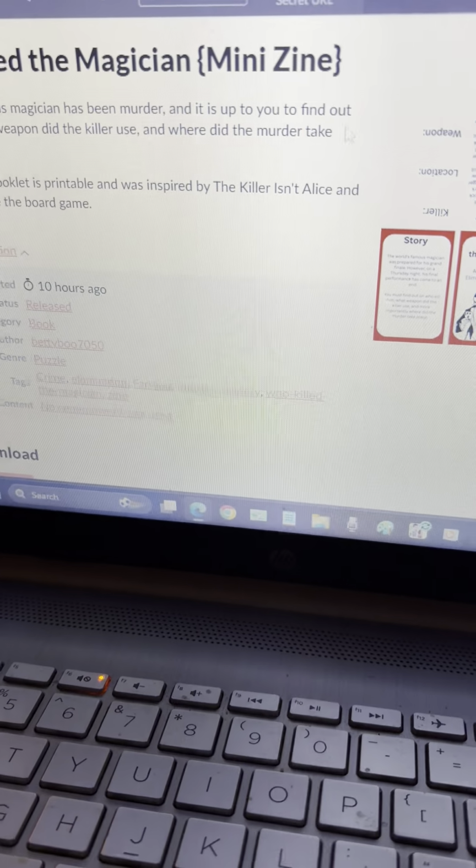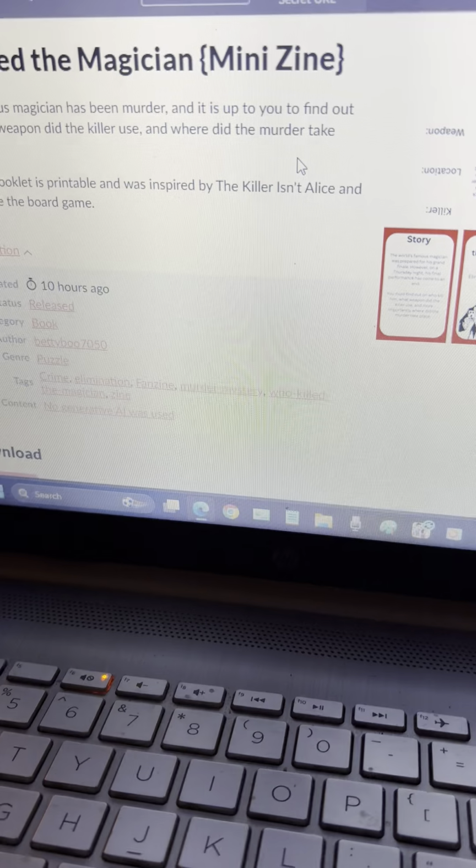And once this is popular enough to get a sequel, I will do that. However, the sequel will come with a price, and I can't say what, but it's going to be at a lower price at this moment.